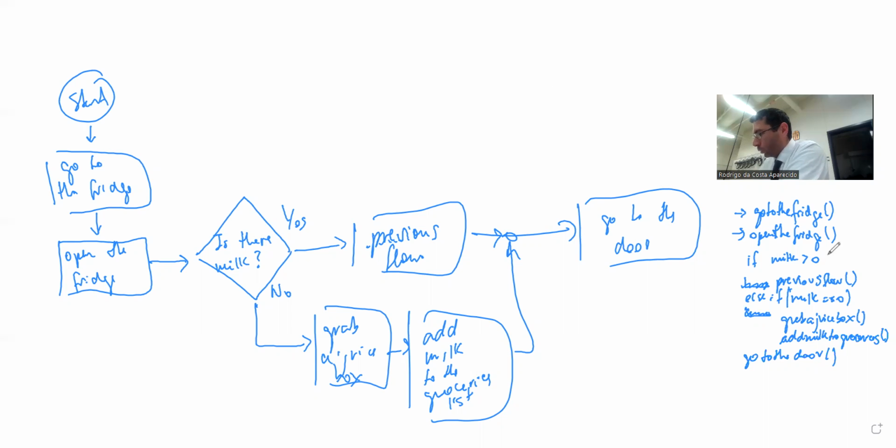If this statement is true, I go inside of my if statement. So if this is true, or yes, it goes in here and does the previous flow. As soon as it's done, it jumps over the else if, because if this is true, this one for sure is not. So then it goes back, go to the door.